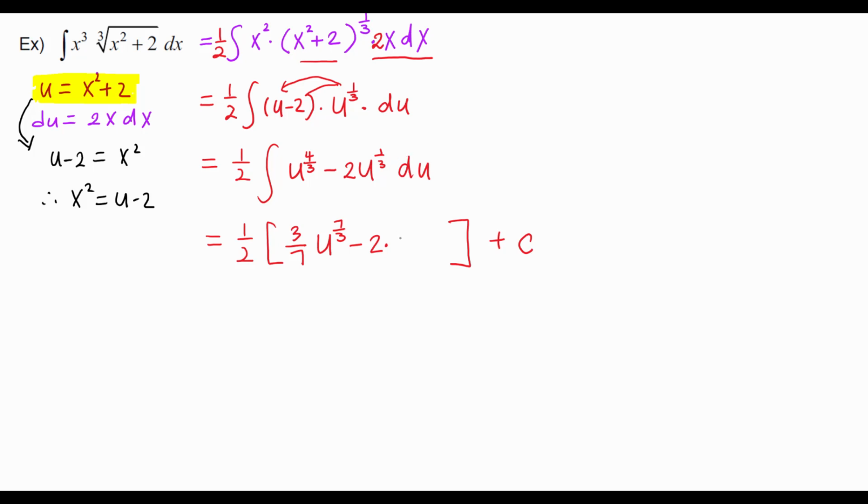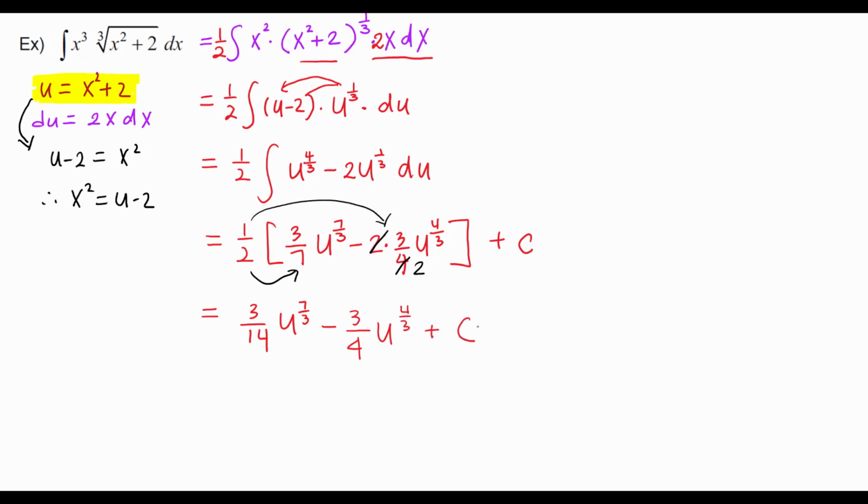So reciprocal is 3/4 u to the 4/3 power. So now, when you distribute, I get 3 over 14 u to the 7/3 power. This cancels, so it's 3 over 2 u to the 4/3 power, but it's going to be multiplied by 1/2 as well. So now you get negative 3/4 u to the 4/3 plus c.